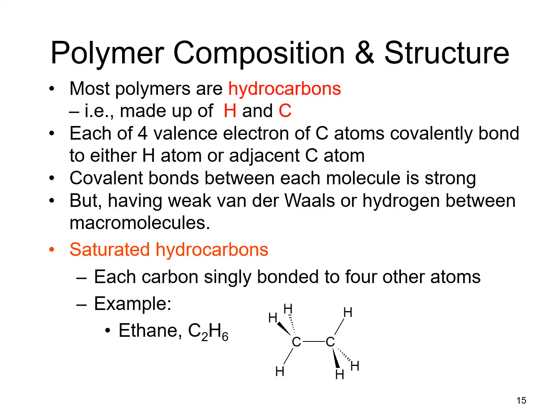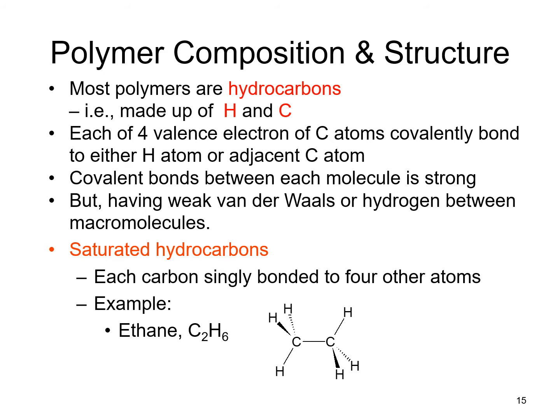The polymer composition and structures, we can see that most polymers are hydrocarbons, which means they are made up of carbon and hydrogen atoms. And each of the four valence electrons of carbon atoms are covalently bonded to either hydrogen atom or the adjacent carbon atom, and the covalent bonds within each molecule are strong, but having weak van der Waals or hydrogen bonds between the macromolecules.